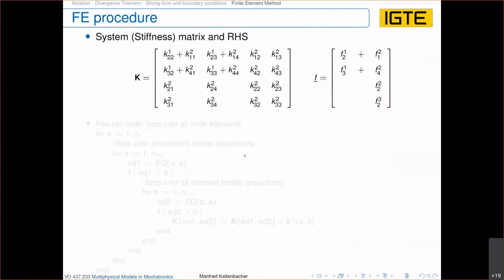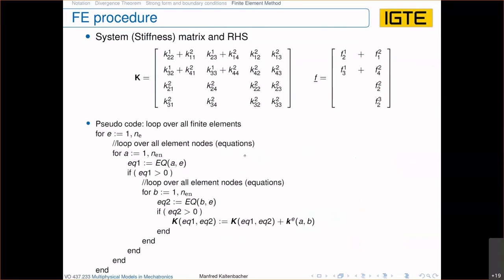And you see for the assembling, you first set your system matrix to 0, and then you go over this assembling loop, and you always add what is already there in your system matrix. And that is the simple algorithm, and that is as we will have it in all commercial or research programs.